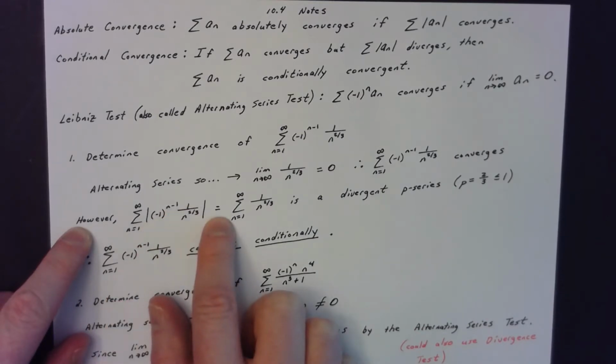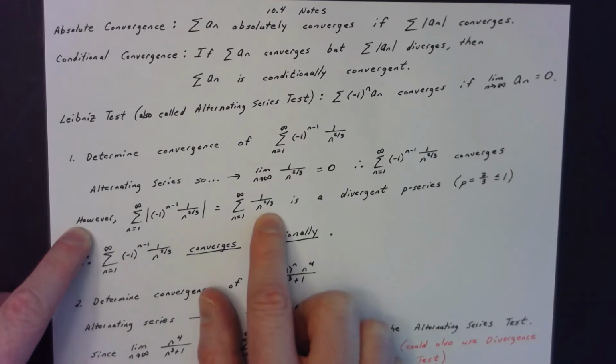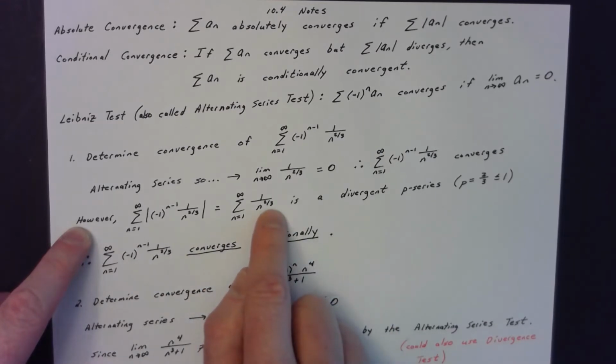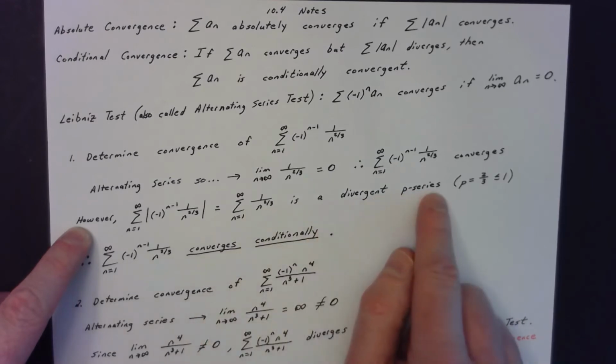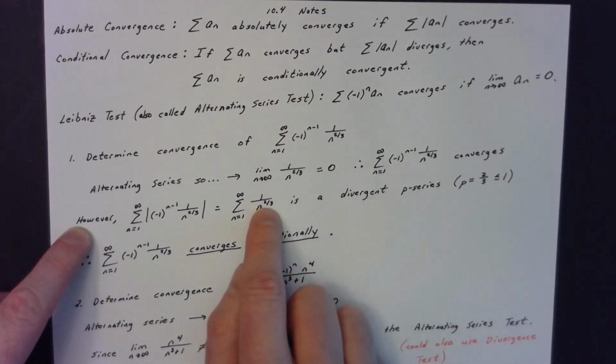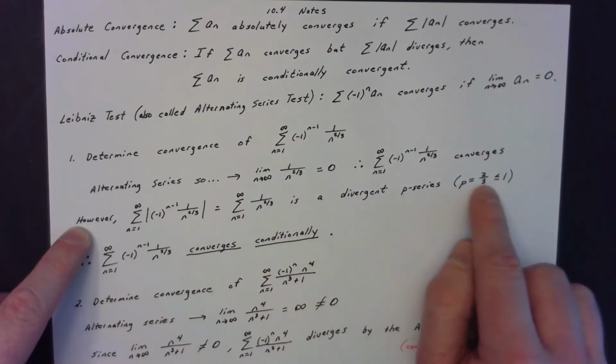And so without that, it's just the series 1 over n^(2/3). And instantly you know that's a divergent p-series because the denominator is not getting large enough fast enough for this function to converge to any value. So that's a p-series with p equals 2/3.